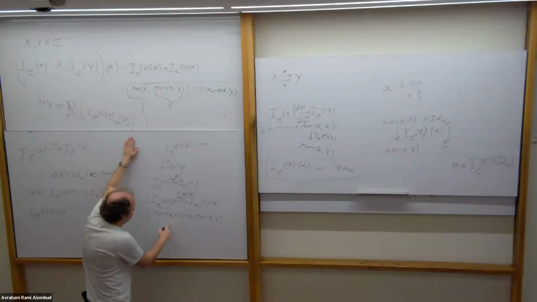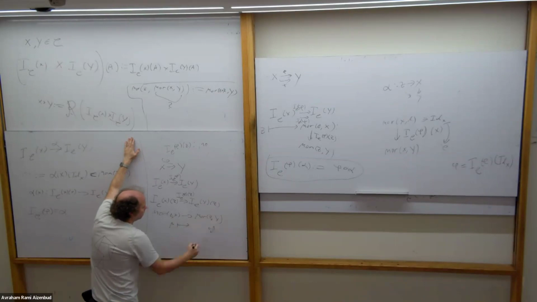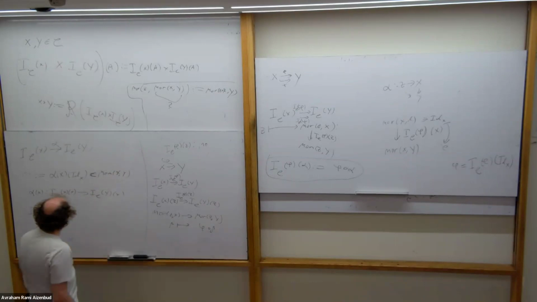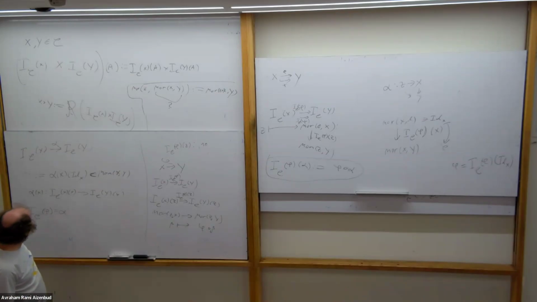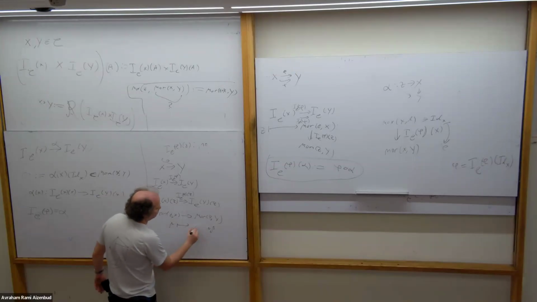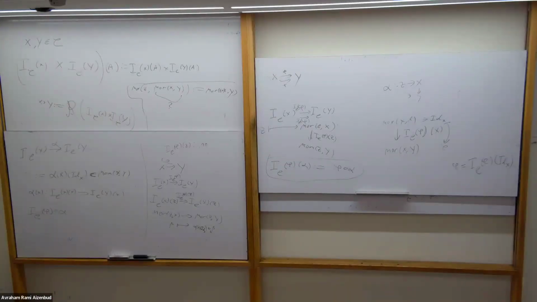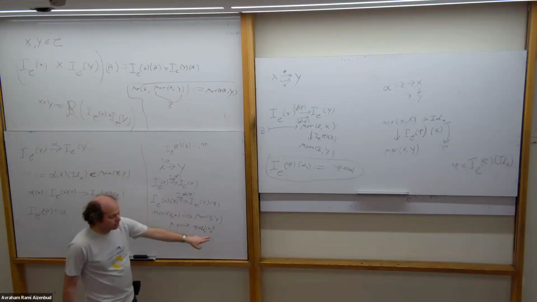If we have beta here, then beta maps to first perform beta and then perform phi. So who is phi? Phi is alpha X of identity. So we want to show that this is alpha.